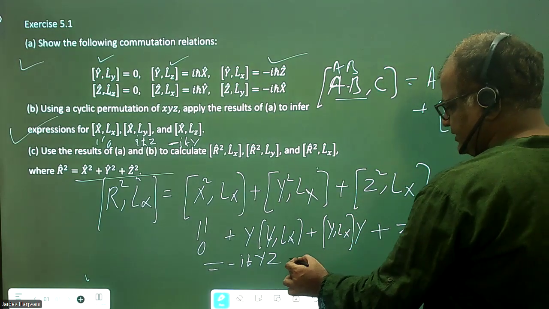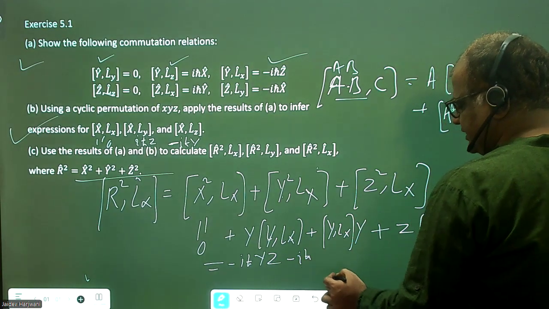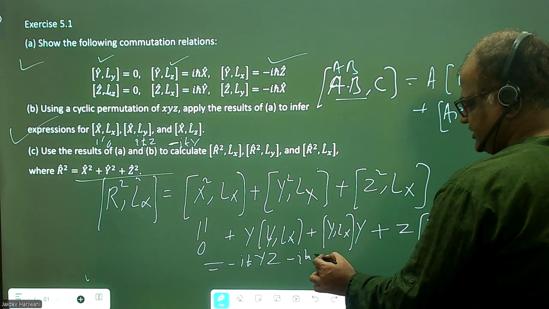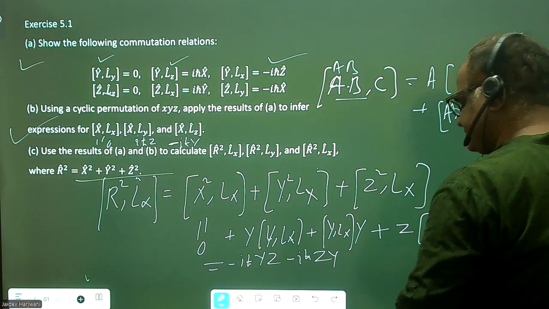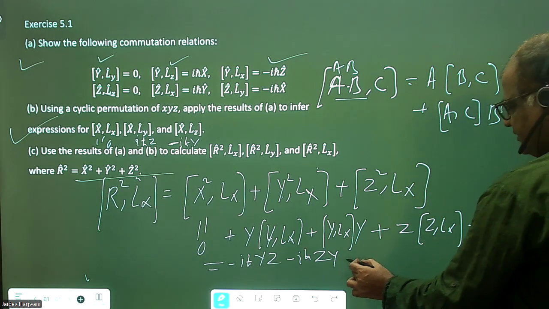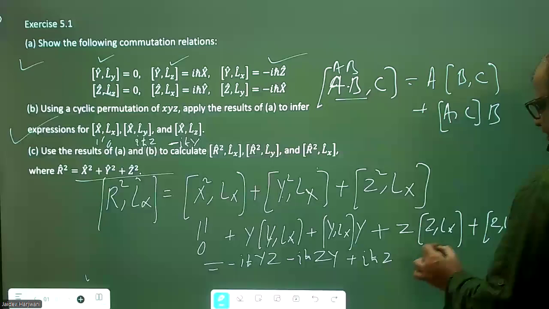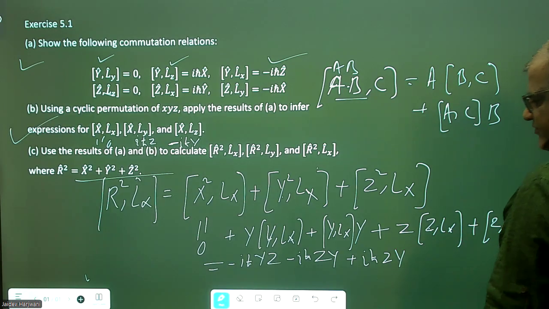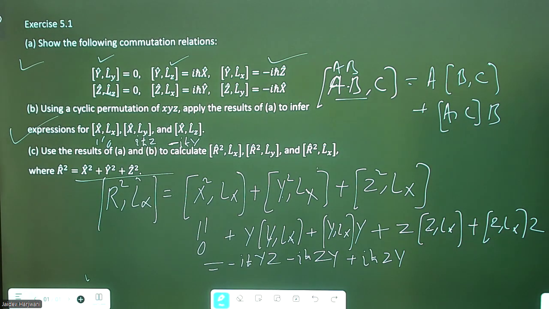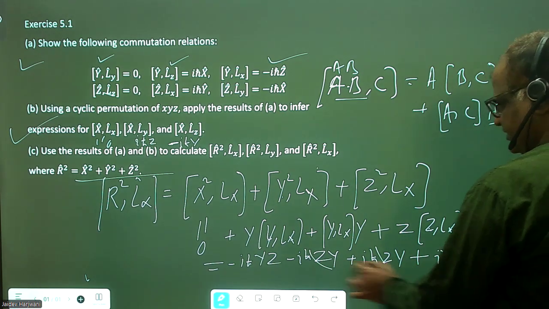Similarly here minus iota h cut zy will come. Here z, Lx gives plus iota h cut y, so plus iota h cut zy will come, and then z, Lx gives iota h cut y, yz will come. So this cancels with this one, and this cancels with this one.